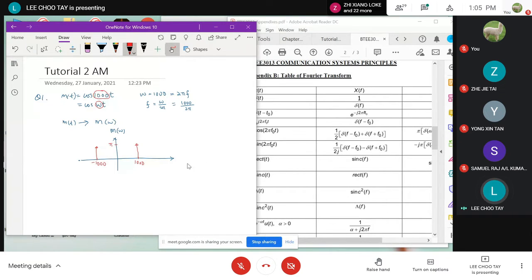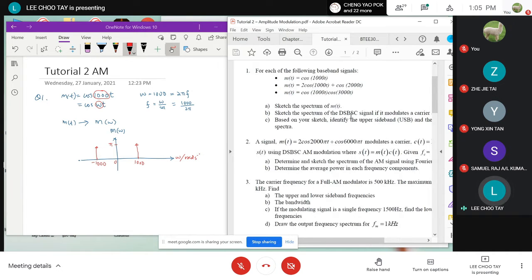And this is 0 here. As far as the horizontal axis is concerned, this is omega, the unit will be in radians per second. So that is your M(omega).